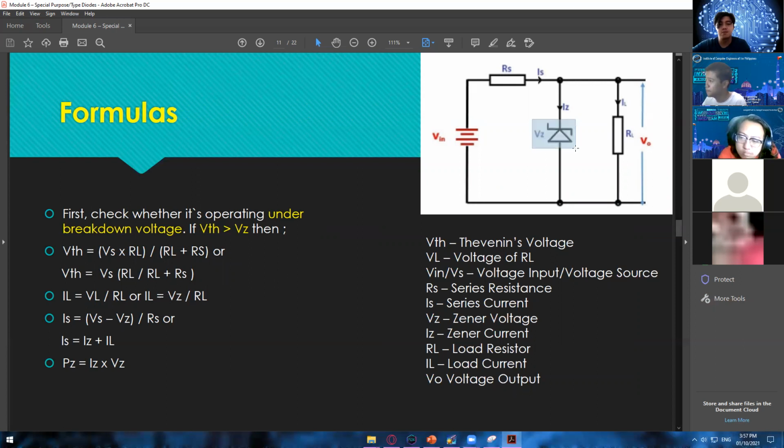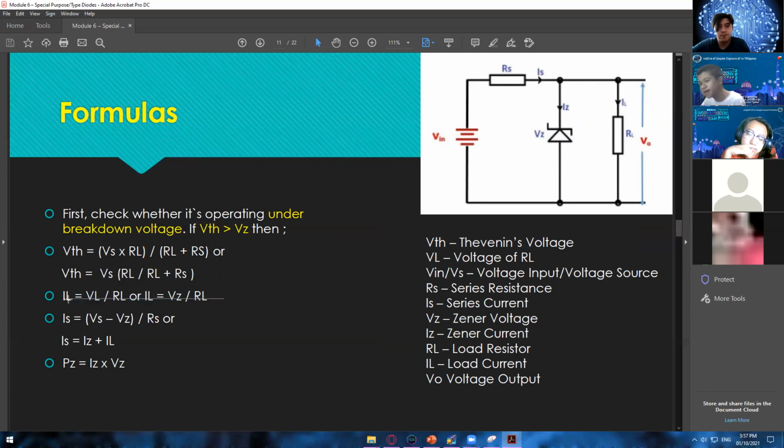This one came from here, since the idea of a parallel circuit is that whatever voltage passes through this path right here is equal to each other. Once this voltage source is distributed, we have the same reading for the VZ and the voltage across your RL. So that is why VZ is equal to your VL.